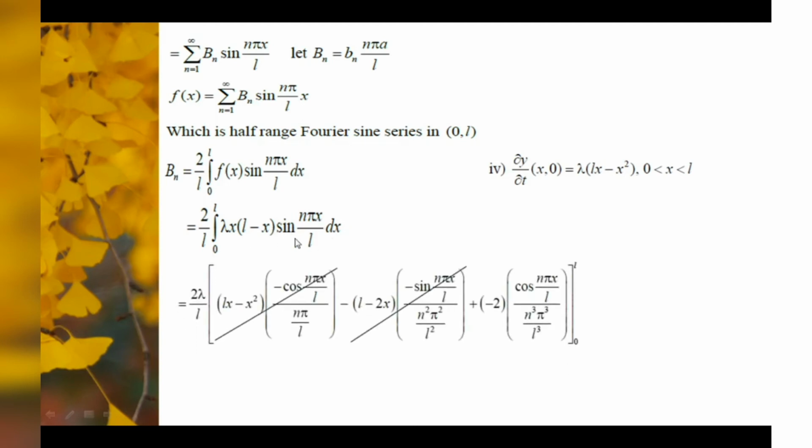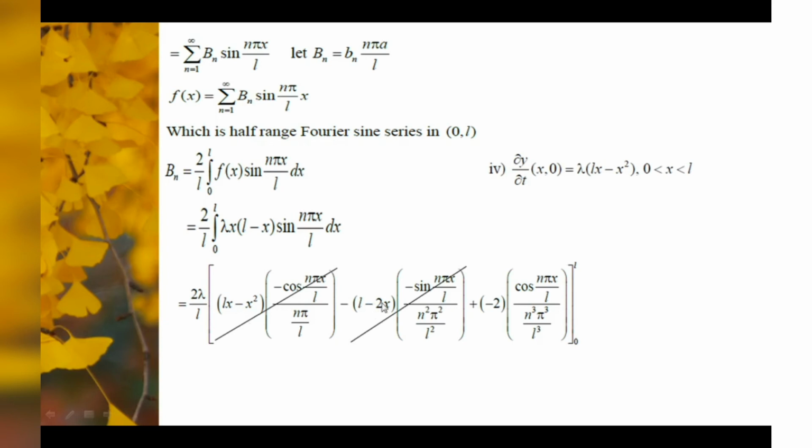Take this as u and this as dv. So apply the Bernoulli's formula here. 2 lambda by L is a constant, so we have taken it outside. So u into v1 is the integration of sine n pi x by L, which is minus cos n pi x by L divided by n pi by L, and differentiate this, so that is our u dash.